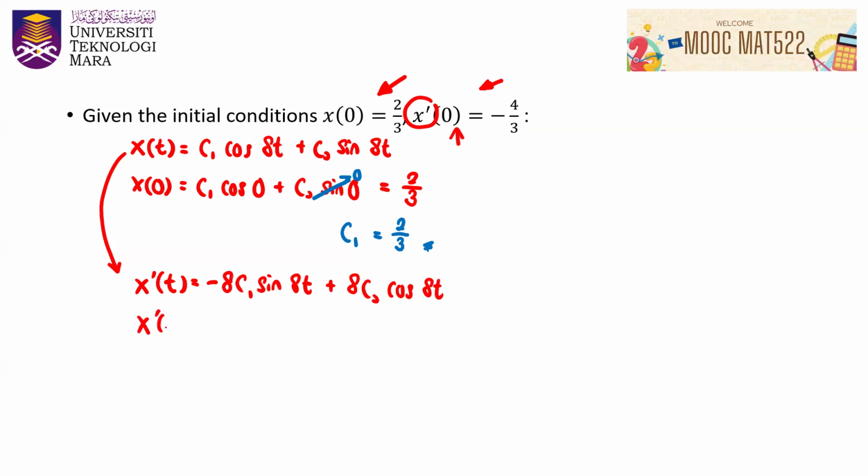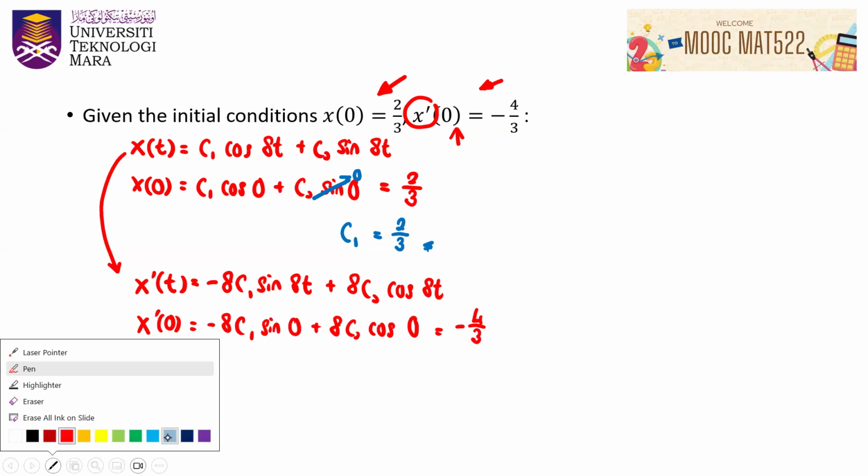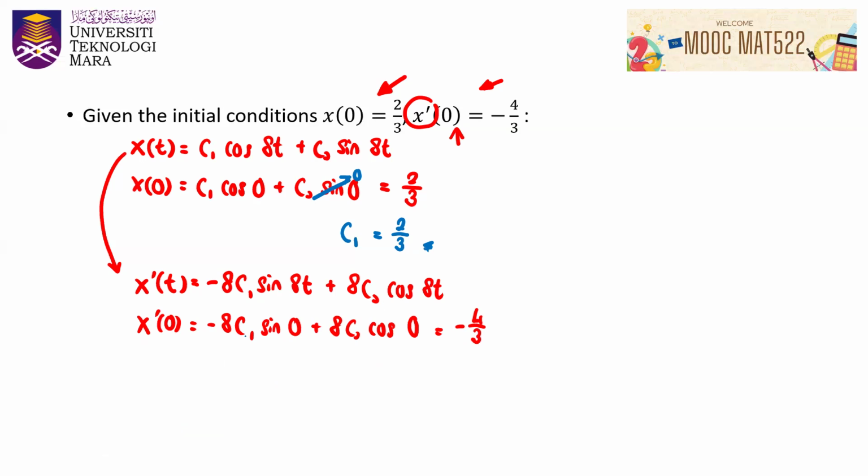This gives us x'(0) = -8 c1 sin 0 + 8 c2 cos 0 = -4/3. Using similar computations, sin 0 gives us 0, so this term vanishes, and cos 0 equals 1. We have 8 c2 = -4/3. That is, the constant c2 will be -1/6.